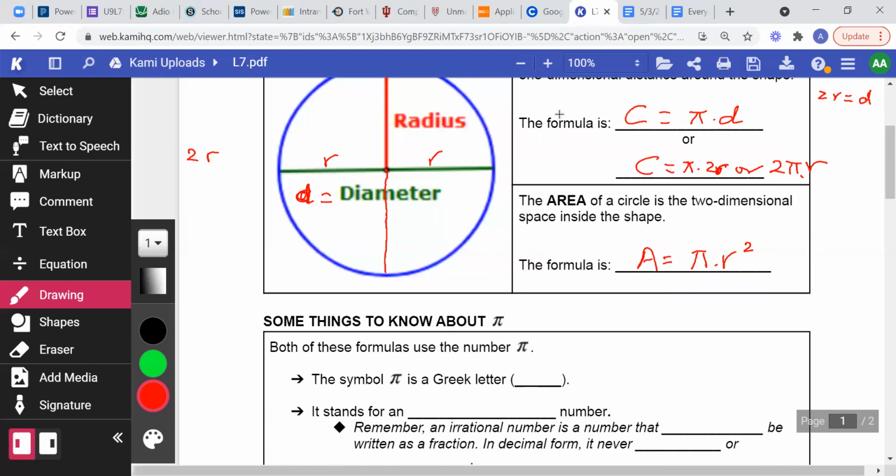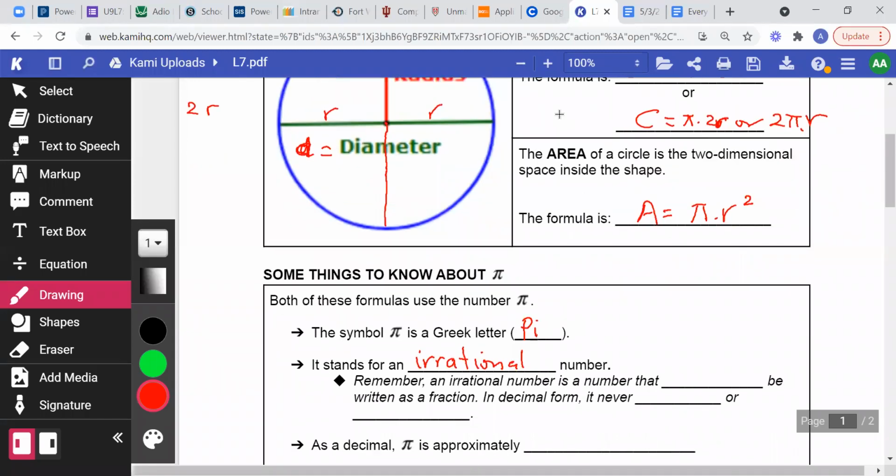And these are some beautiful things about pi. The symbol pi is a Greek letter, and in English we write it as pi. It stands for an irrational number. So whenever you see pi, think about an irrational number. And what is an irrational number?